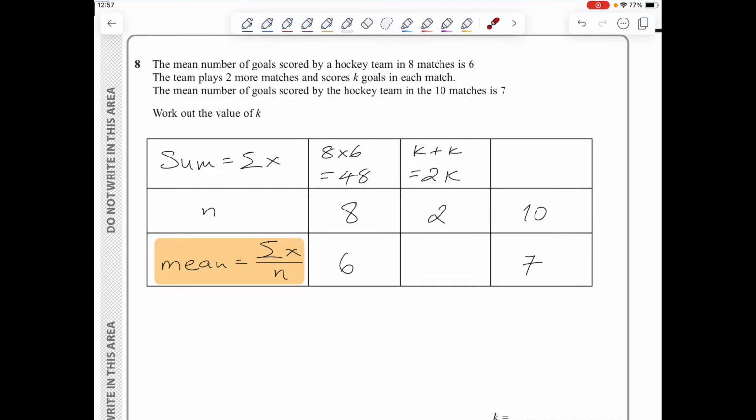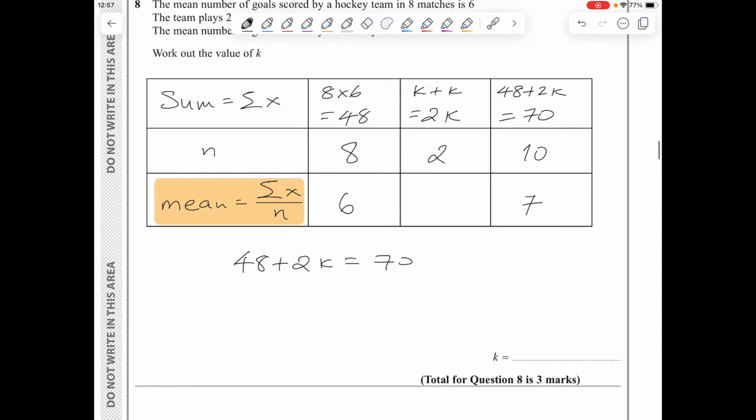So the equation I get is the following: 48 plus 2k, which is the sum of those 10 numbers, must be equal to the mean times 10, which is 70. So let me rewrite at the bottom the equation. 48 plus 2k is equal to 70. Let's solve this now. 2k is equal to 22. So k comes out to be 11.